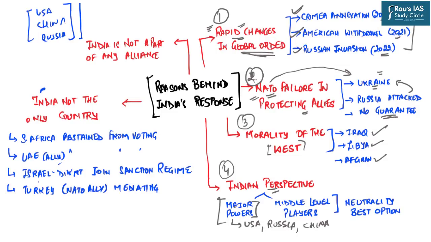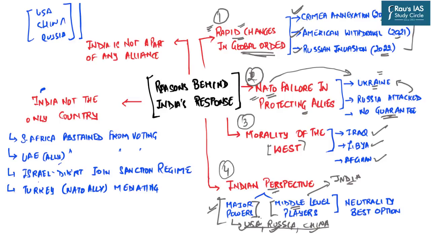So the first group is the countries which are major powers, the superpowers, and the other are the middle level players, for example, countries like India. Now, India is a middle level player. So now, if we look from the Indian perspective, out of these three superpowers, the US as well as Russia are the partners of India, and China is the competitor of India.